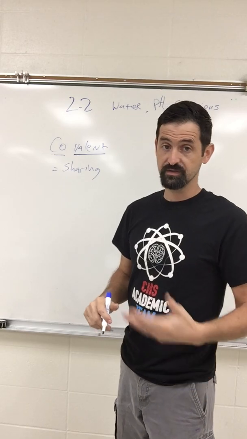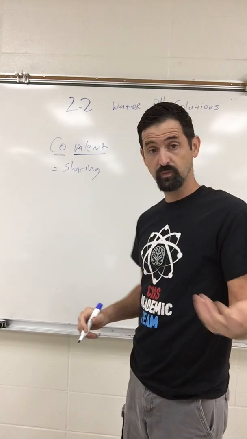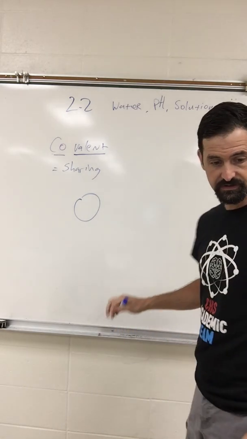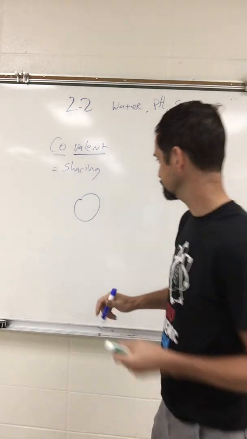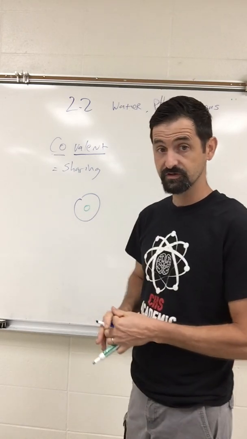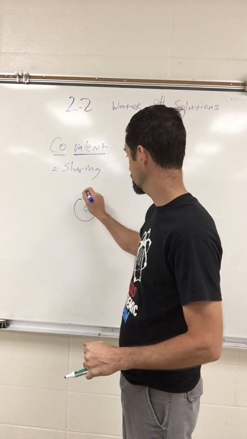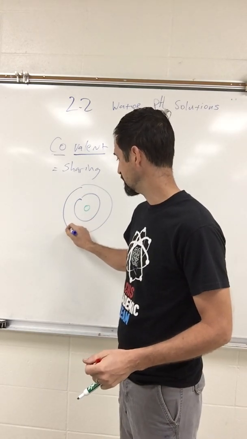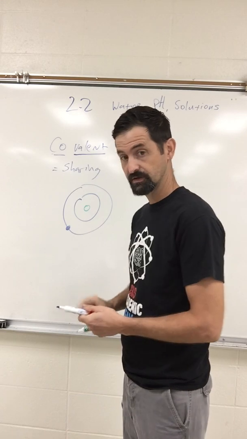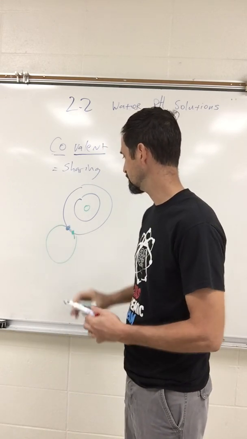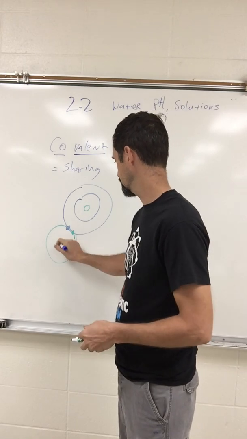A really common covalently bonded molecule is water. If we have water, we have one oxygen, and I'm just going to draw the outermost electrons here, that we're going to pay attention to. Oxygen is going to share its electrons with some hydrogen, and hydrogen will share its electron with oxygen.